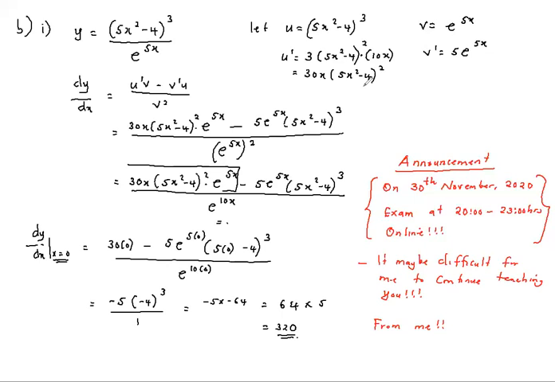Janet, what do you mean by the last statement? You were saying that it might be difficult for you to continue teaching us. If you don't write the exam on Monday individually, it may be difficult for me to teach you because you are a difficult learner.